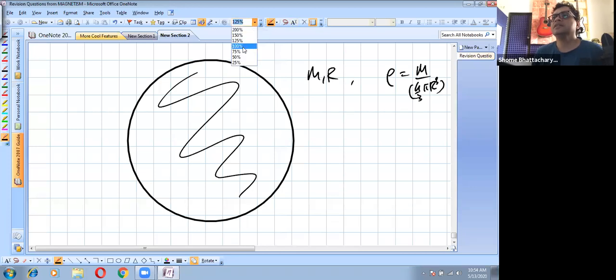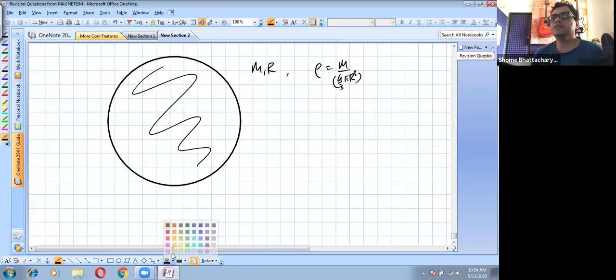Now inside a sphere like this, if I take any point which is at a position vector r with respect to the center, but the magnitude of that small r is less than capital R. So this is the center.